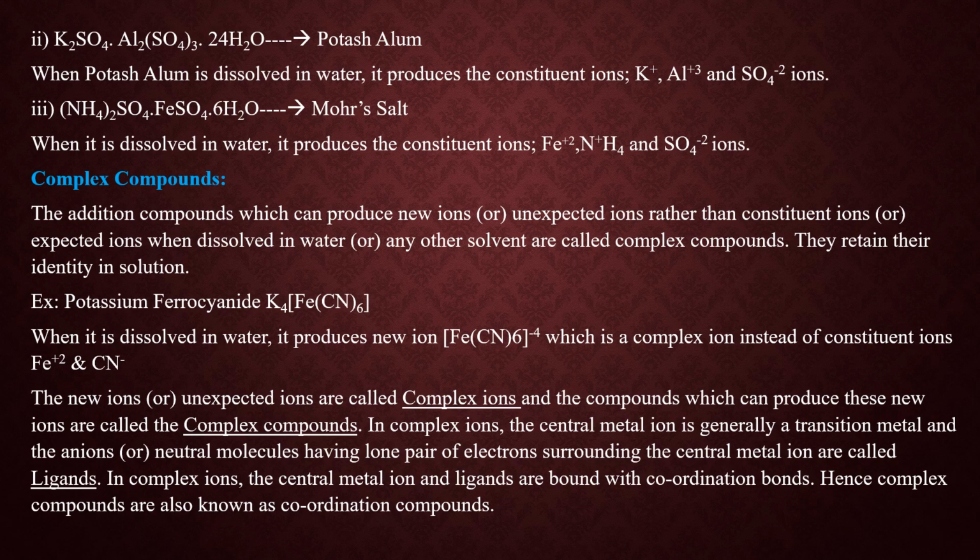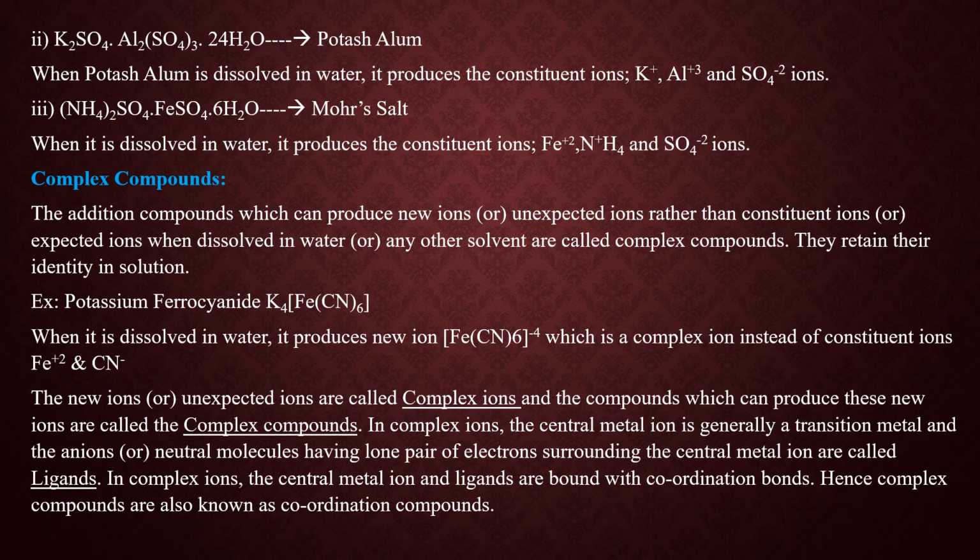Okay. Now look at the example, potassium ferrocyanide. What is the formula? K4[Fe(CN)6]. So when you are dissolving potassium ferrocyanide in water, what is it producing? It is producing a new ion, [Fe(CN)6]4-, instead of Fe2+ and CN- ions.